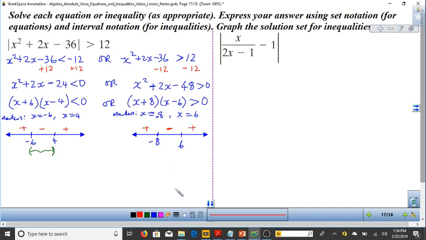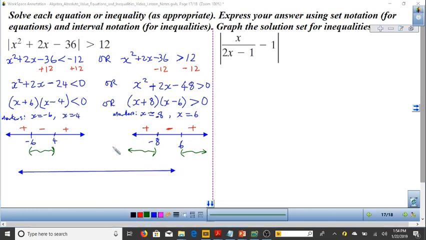And this one is only looking for the positive regions. So we're going to shade to the left of negative 8 and to the right of 6. And this says OR, so whatever works over here and whatever works over here should work. So let's draw them all on the same number line and see what it looks like.